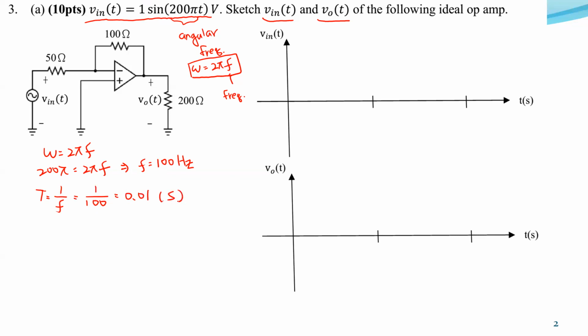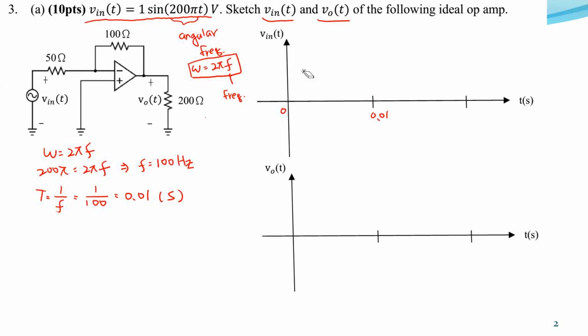seconds. So it is a sine function, its amplitude is 1. From 0 to 0.01, there's a sine function, and its amplitude is 1.